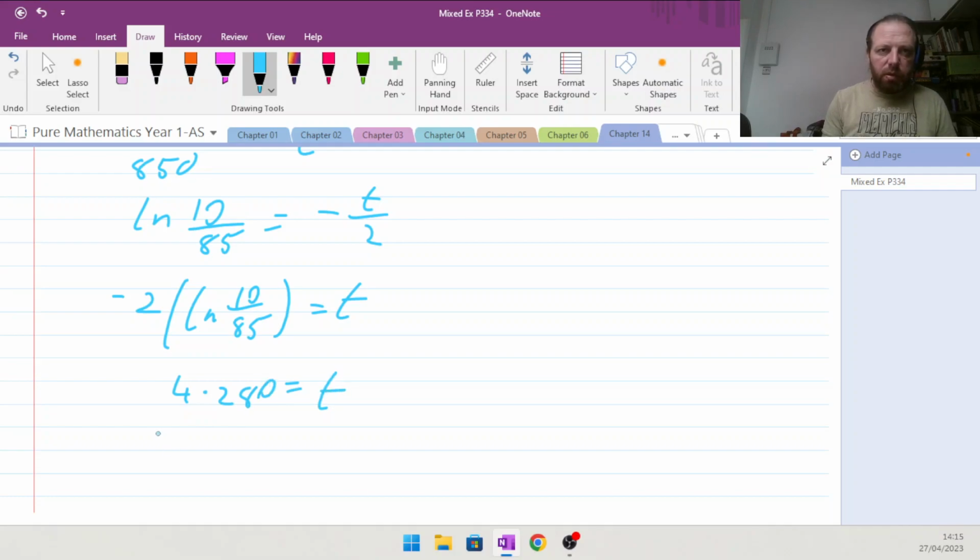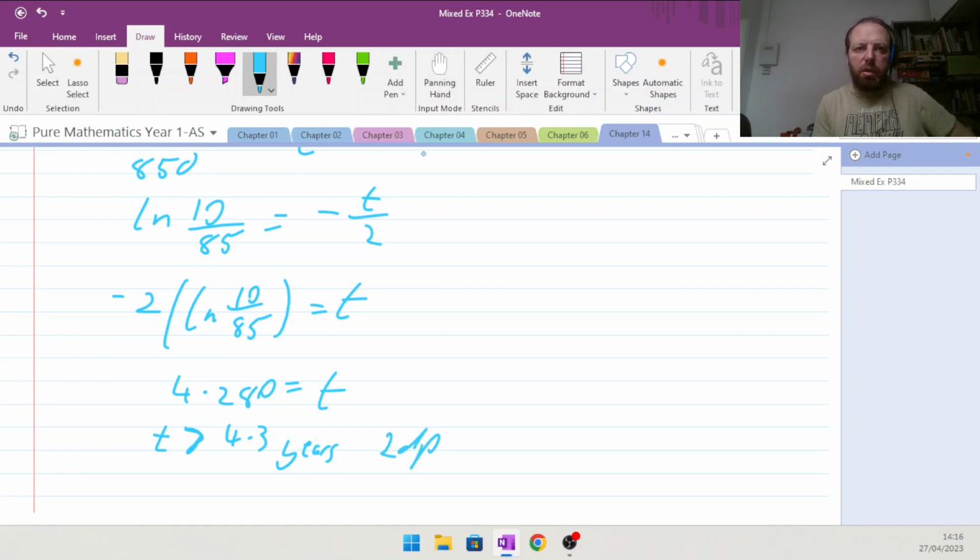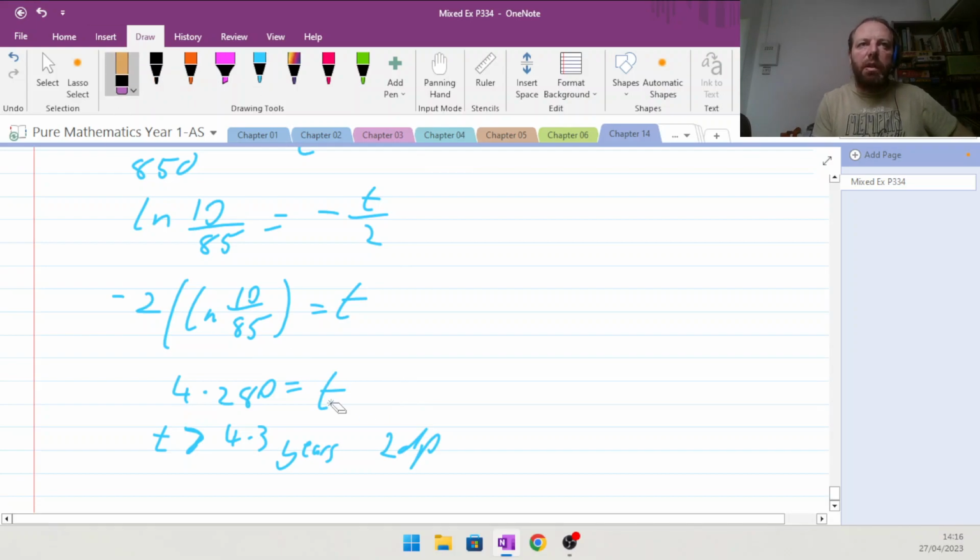So calculate when will it be worth less than £200? It's worth less than £200 after 4.28 years. Okay, so when t is greater than 4.3 years, to 2 significant figures.